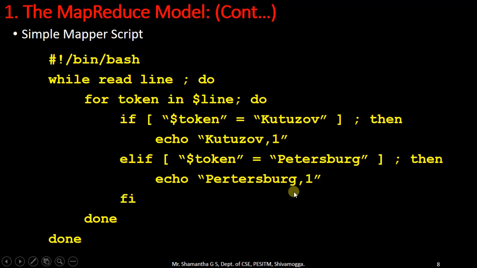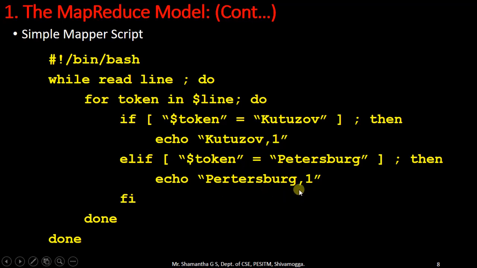It is not going to count the number of occurrences of Kutuzov or Petersburg. So it is going to print only the partial output, just the instances Kutuzov, 1 and Petersburg, 1.